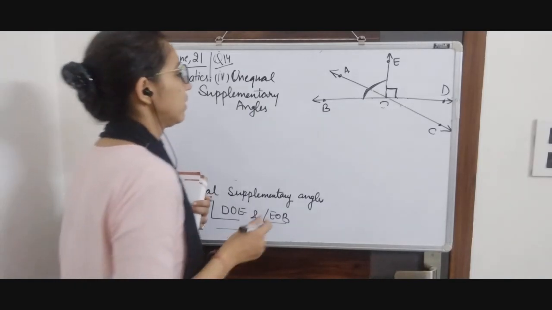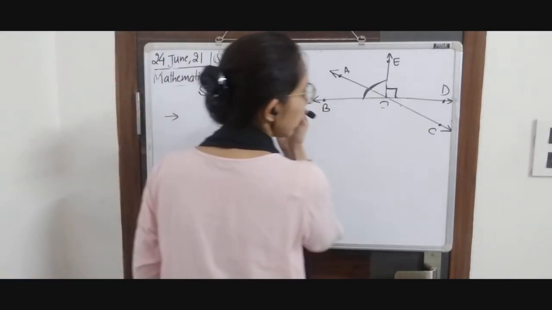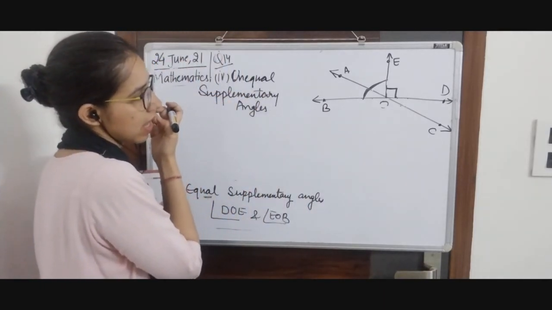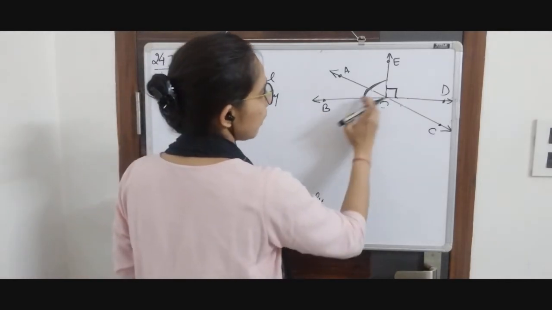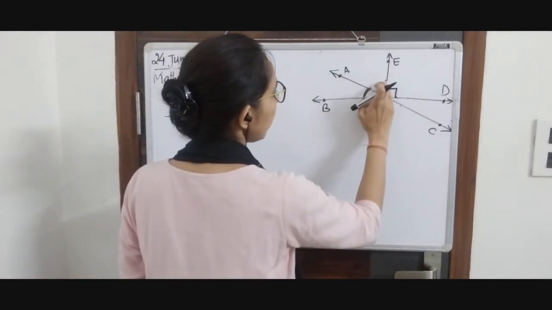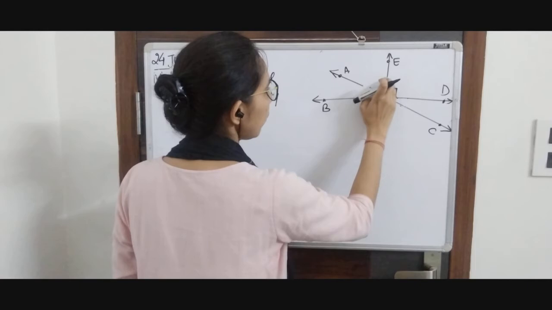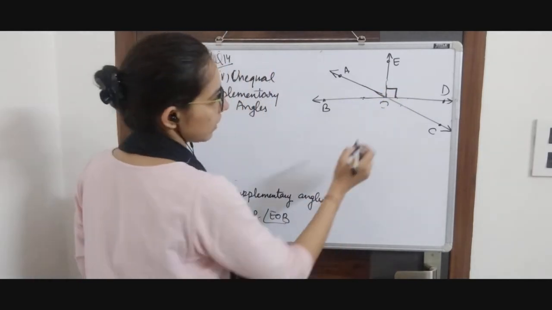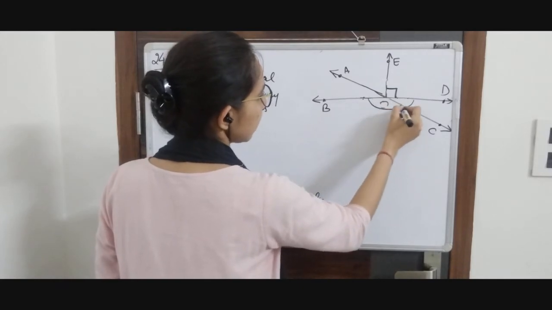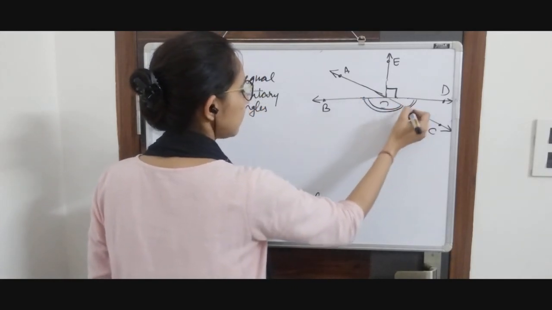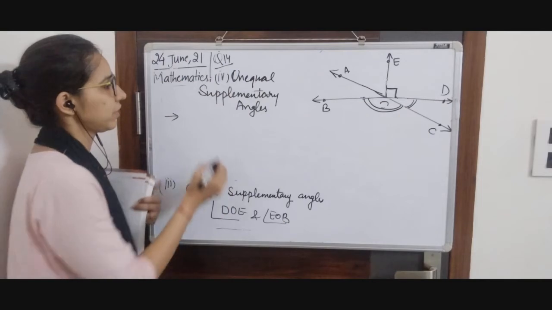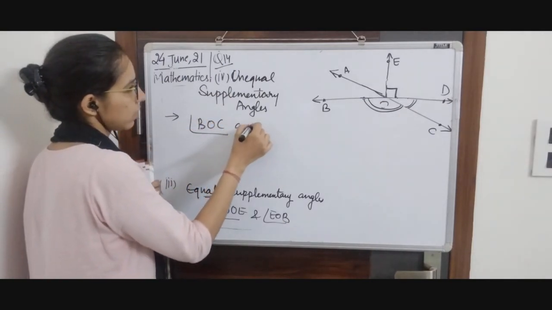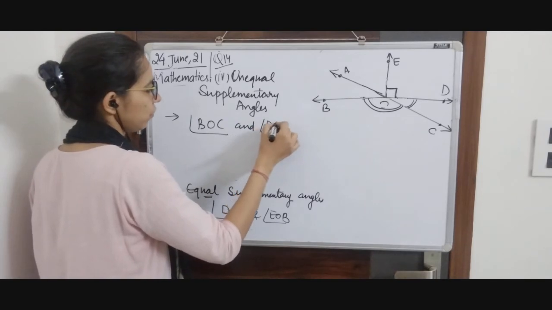Unequal supplementary angles have to lie on a line. So we can talk about line AC or we can talk about line BD. Unequal angles: this angle and this angle are unequal but they are supplementary. So they are going to be angle BOC and angle DOC.